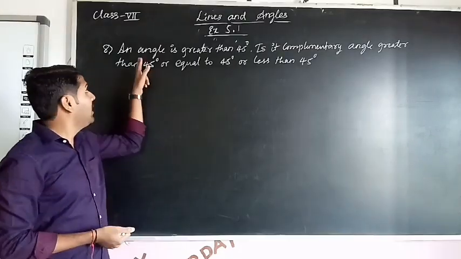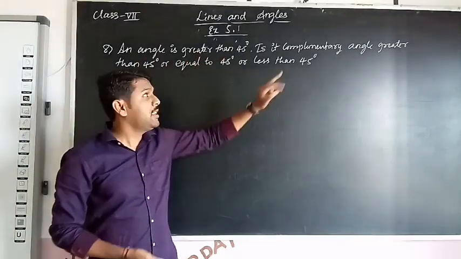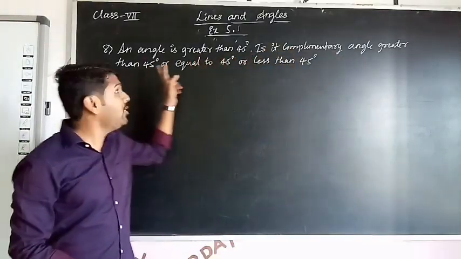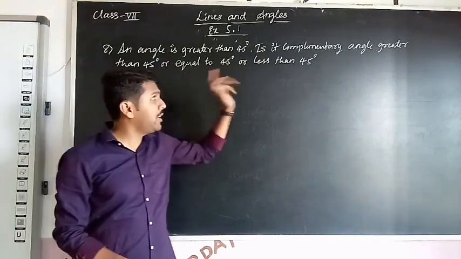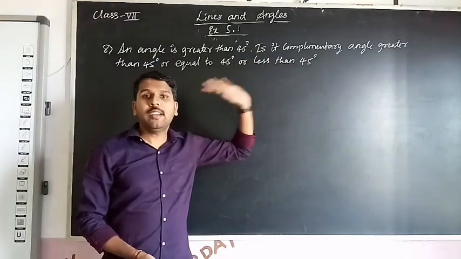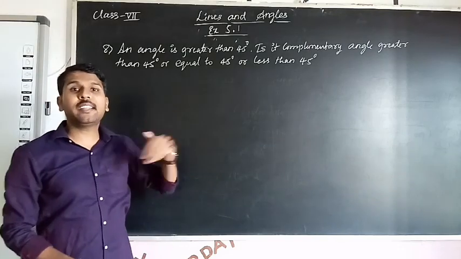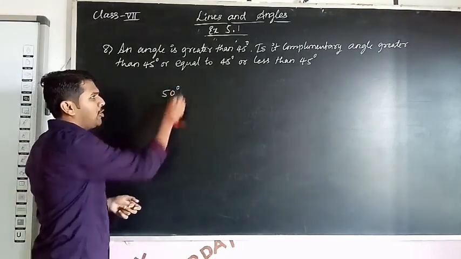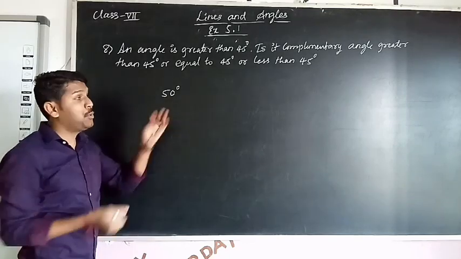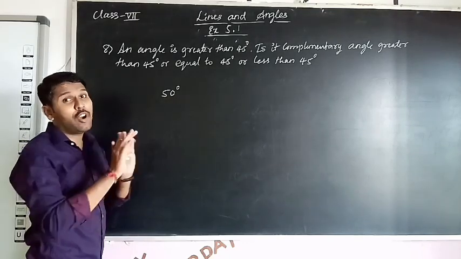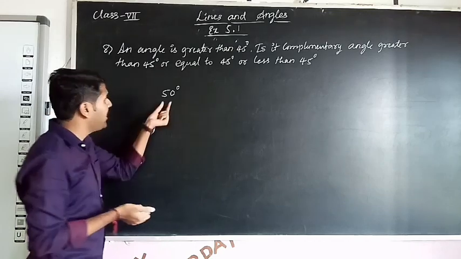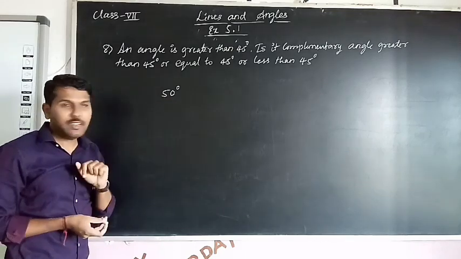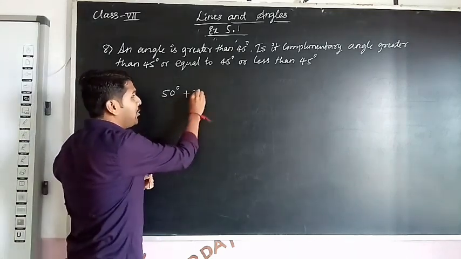So here, an angle is greater than 45 degrees. Is its complementary angle greater than 45 degrees, equal to 45 degrees, or less than 45 degrees? One angle is greater than 45 degrees, so take it as 50, or 55, 60, up to 90 you can take, but you can't take 90 degrees. So 50 degrees. One angle is 50 degrees, another angle you don't know.